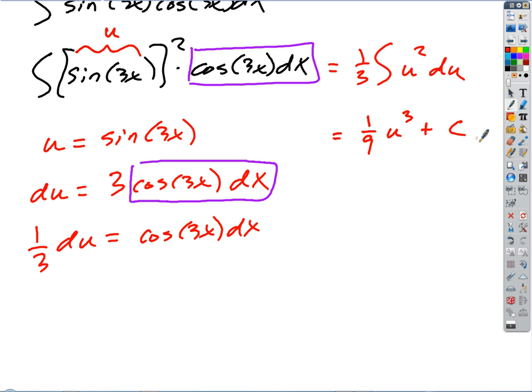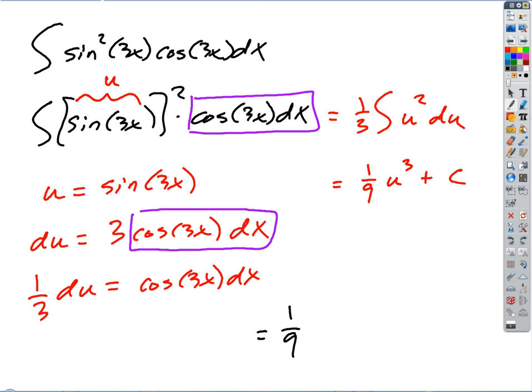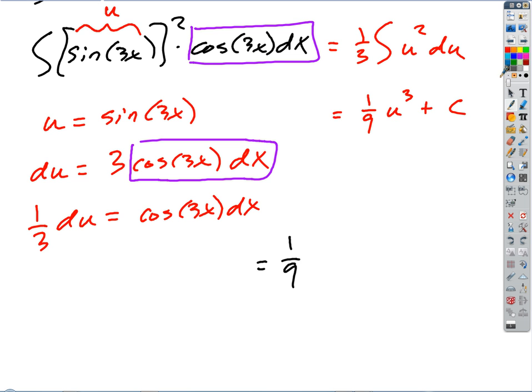All we have to do is reverse that single substitution now, and we get 1/9. So u cubed, what's u cubed? Well, u is, remember, sine 3x, right? So this stuff right here then just gives us sine 3x quantity cubed, same thing as sine cubed 3x, plus c.